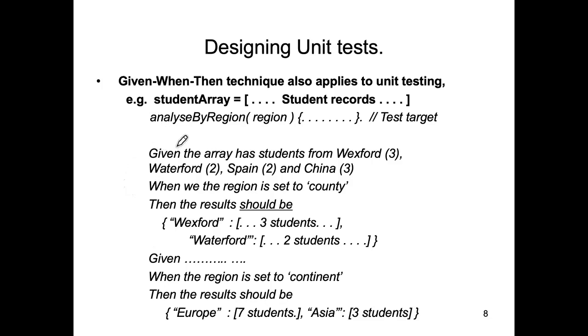Given that the array has students from Wexford, let's say 3 students from Wexford, 2 from Waterford, 2 from Spain, and 3 from China, when the region is set to county, clearly the Spanish and Chinese students are just going to be ignored. So I want my function to return this particular result, telling me how many students there are in each county from my array.